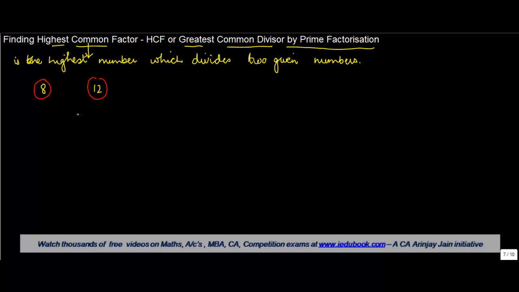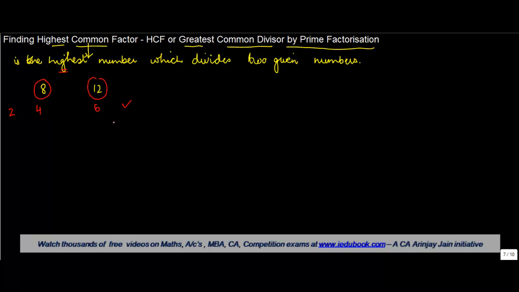Now if I were to ask you what is the number which divides both 8 and 12, which is the highest number actually, then you try it out by trial and error method. One obviously divides everyone, so we are not considering that. Let's see about 2. So does 2 divide both 8 and 12? 8 divided by 2 gives you 4. 12 divided by 2 gives you 6.